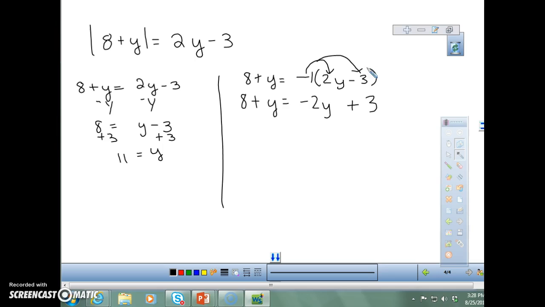All right, I need to get the y's on the same side of the equal sign. How do I do that? Add 2y, okay. That works. Both sides of the equal sign. I'm going to subtract 8.